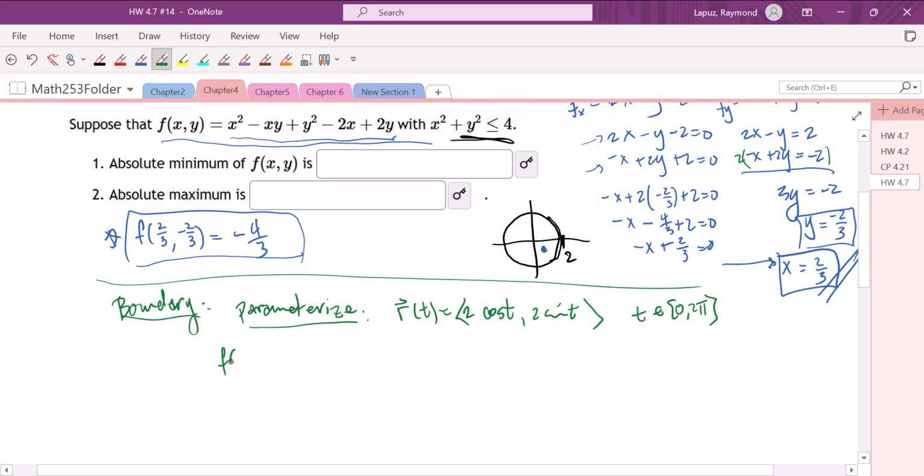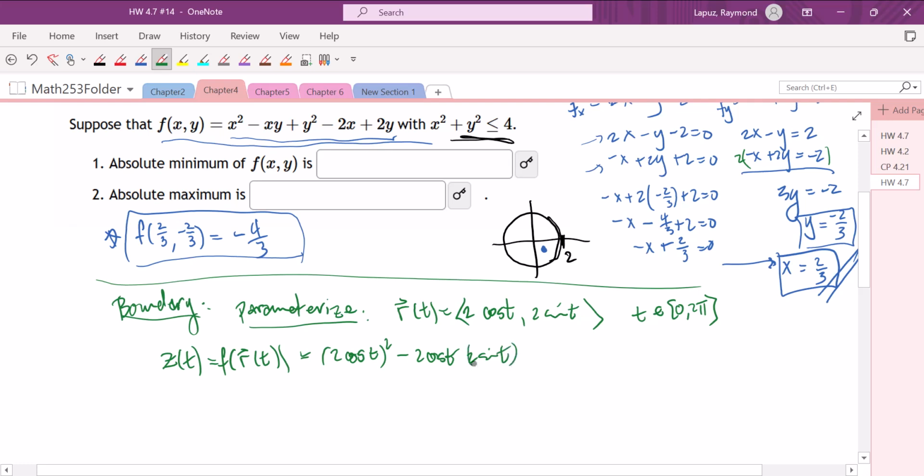So f of r of t, which is actually just going to be a function of t, and let's be even more explicit. This is going to be the z value of that function of t, which is going to be, let's see, 2 cosine t, and the quantity squared is around the whole thing, minus 2 cosine t 2 sine t.